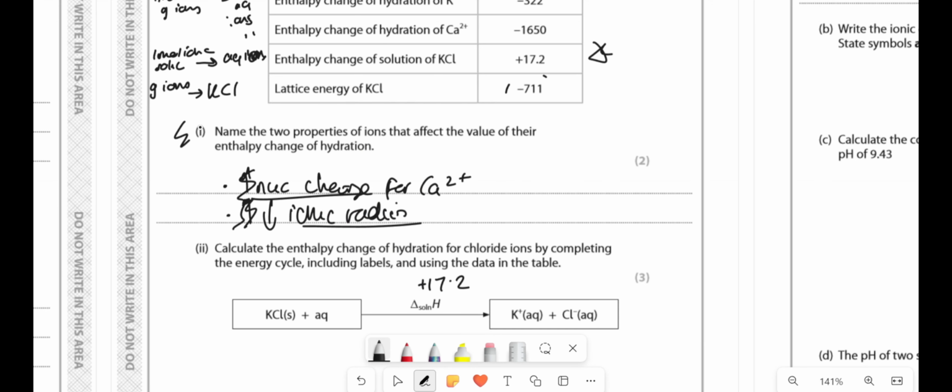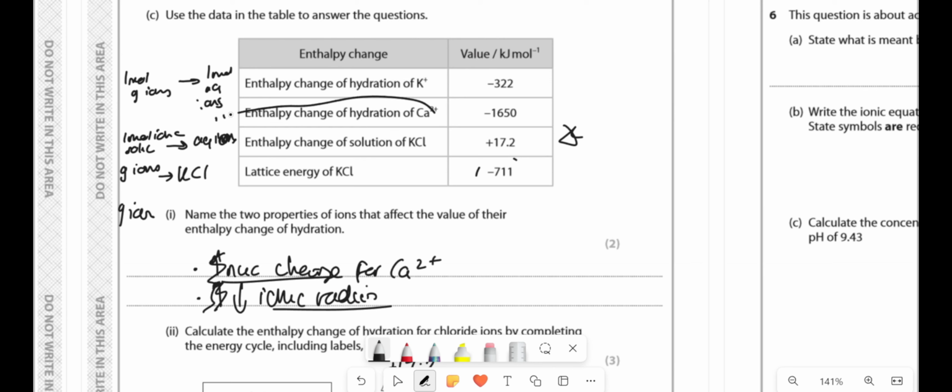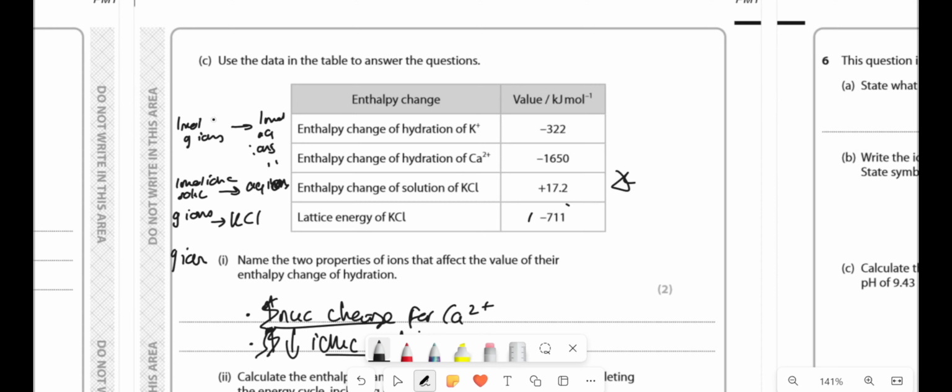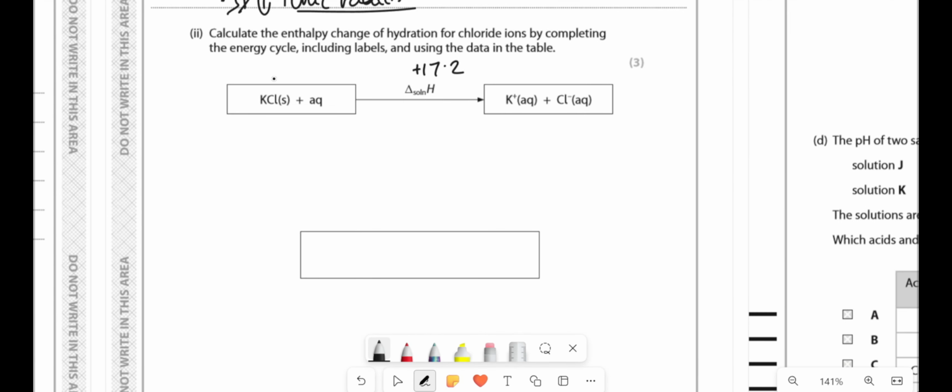Let's have a look at the others. So this is the enthalpy change of hydration, which is where you're going from gaseous ions to aqueous ions. If I look at my table, I have my aqueous ions, but I have no gaseous ions. So what's on the bottom is probably going to be the gaseous ions, which is going to be K plus gas plus Cl minus gas.